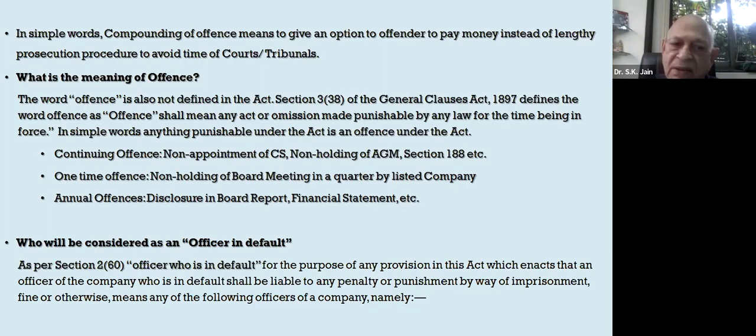In various sections it is mentioned that in case a violation is made, then the company and every officer who is in default shall be punishable. That means no person other than the officer in default can be punished for that violation.